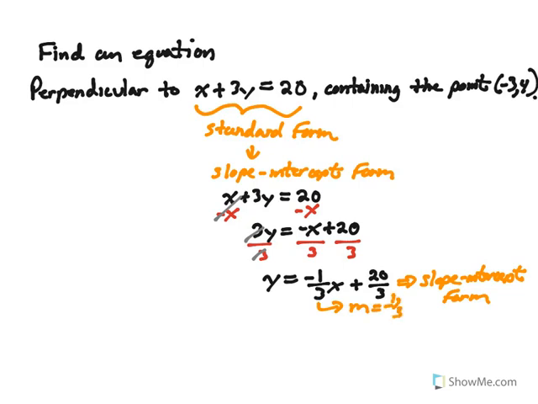Okay? So what does that mean? Basically, you can do this: if you see an equation in standard form, get it into slope-intercept form. And now, if you want to find the second equation, then we need to look at the slope.